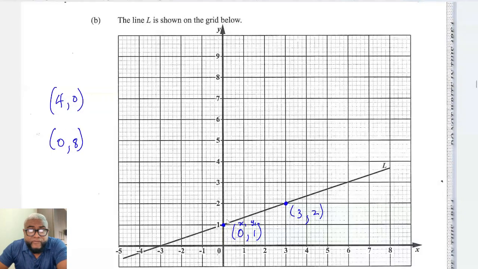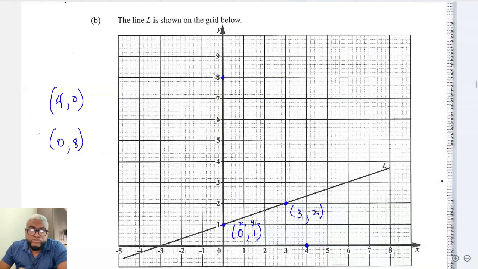So I go and plot it too. (4, 0) is 4 on the x, 0 on the y, so that's here. Everybody agrees? And then 0 on the x, 8 on the y, so that's up here. Right, let me draw a line now.